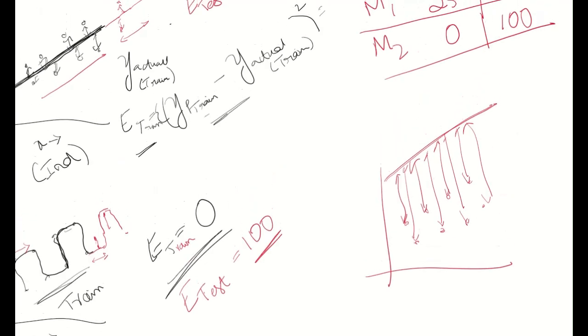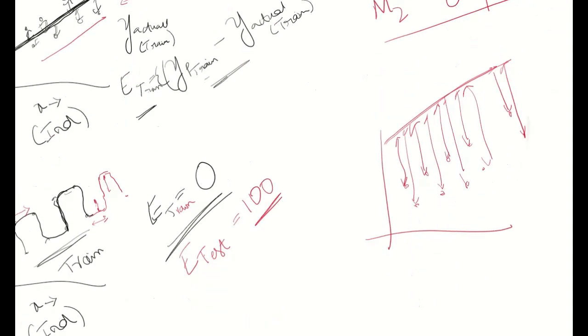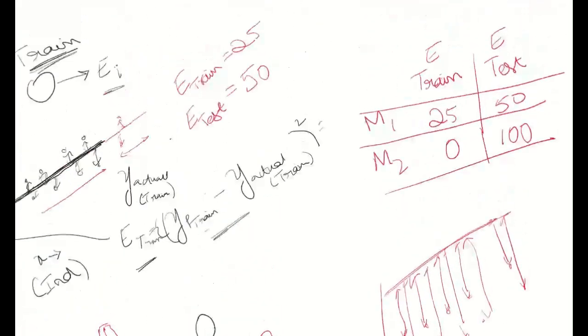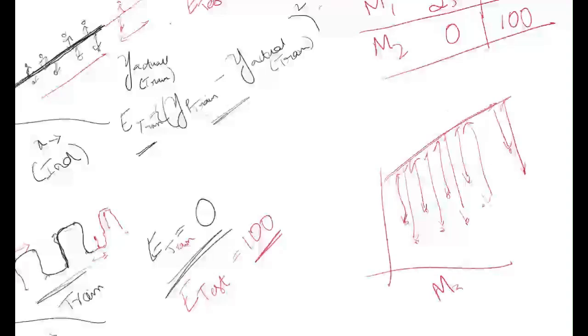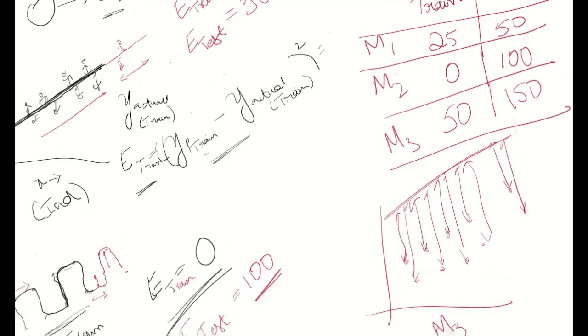Now, if there is another data point in the test data, the errors here also will be very high. So we are not having a good amount of efficiency in both the cases, in training and test. Let's call this model M3. So let's take these values as 50 and maybe 150.